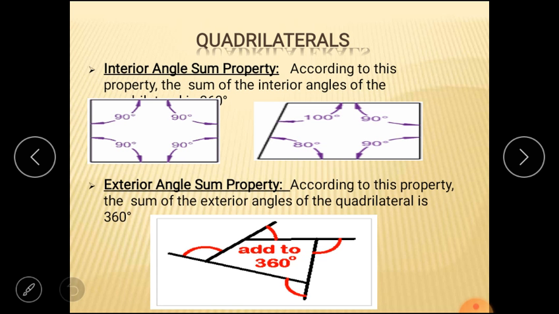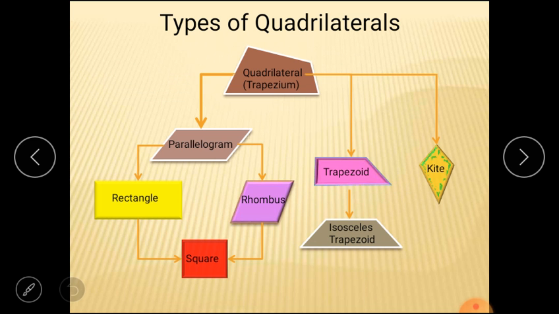Here diagrams are given. In the first and second diagrams, just see that the sum of the interior angles of the polygon is 360 degrees. And in the third one, the picture below, you see that the exterior angle sum of a quadrilateral is also 360 degrees.